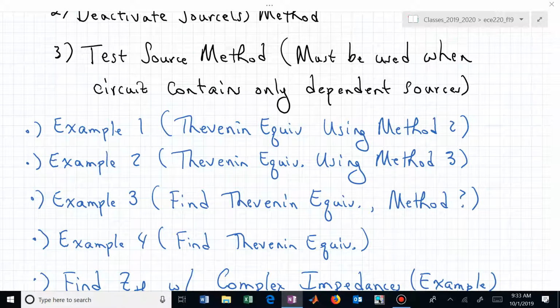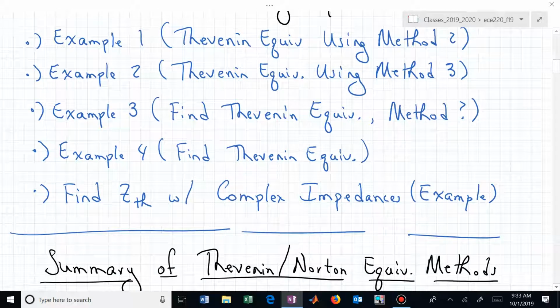Then we have all of these different examples, and maybe given time we'll get into complex impedances and show why you need to be able to do complex algebra if now our resistors are impedances, which means they are generalized resistors, or complex quantities.